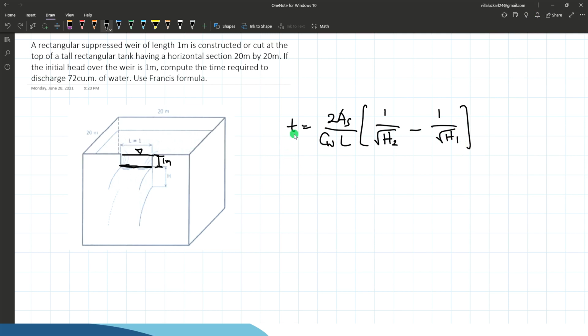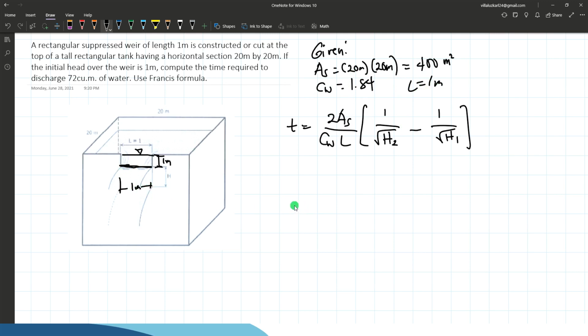Based on the given, we already have the surface area, that's 20 meters by 20 meters, or 400 square meters. It says to use the Francis formula, that's 1.84. Another is the crest length, that's constant, 1 meter. This is your crest length, or the width of the opening.